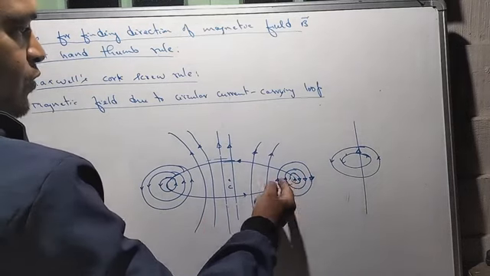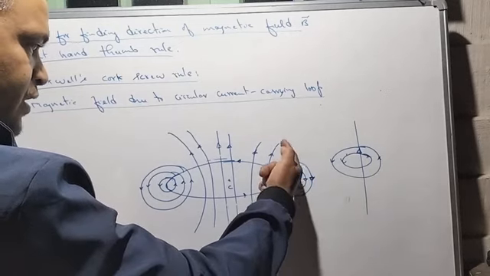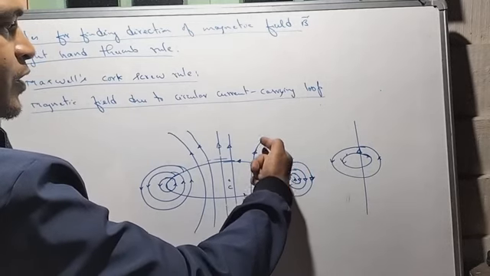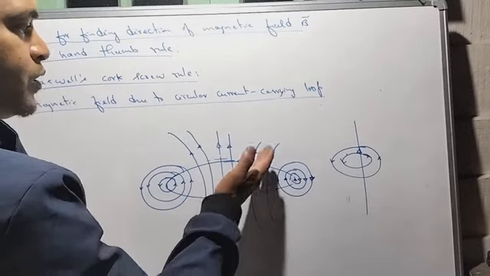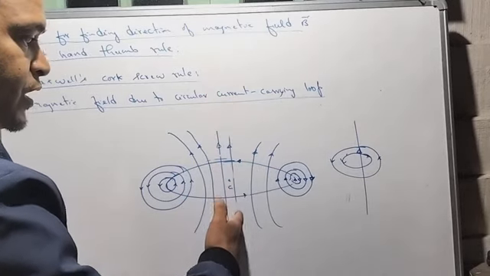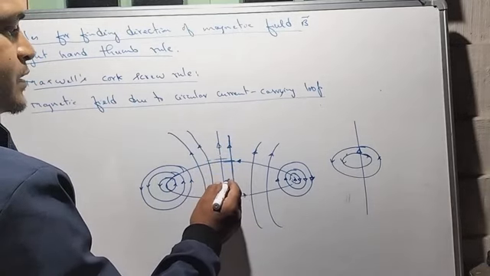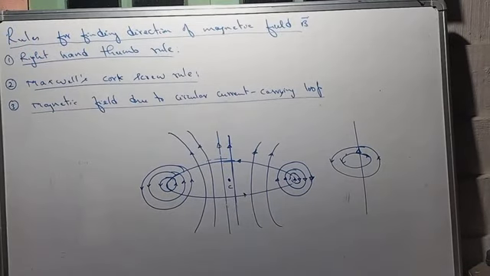As you move towards the center of the loop, these concentric circles become larger and larger, and finally near the center they become a straight line. This means that at the center of the loop, the magnetic field is uniform. Please remember this point.